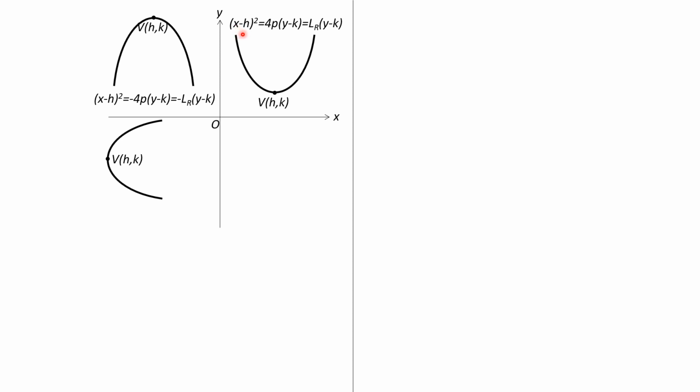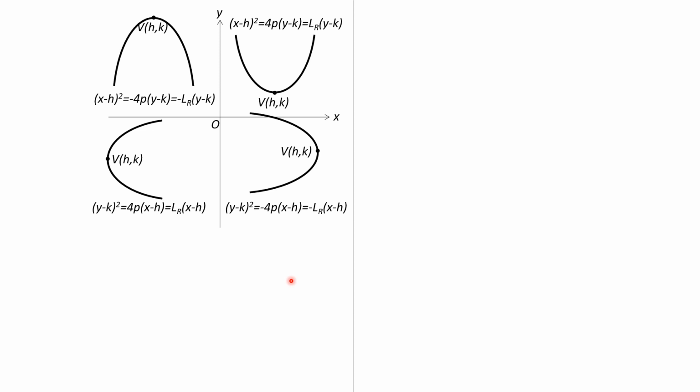So (y minus k) quantity squared equals 4p times (x minus h), or latus rectum times (x minus h). And for a parabola that is open to the left with vertex at (h, k), all you have to do is make the right side negative. So (y minus k) quantity squared equals negative 4p times (x minus h), or negative LR times (x minus h).